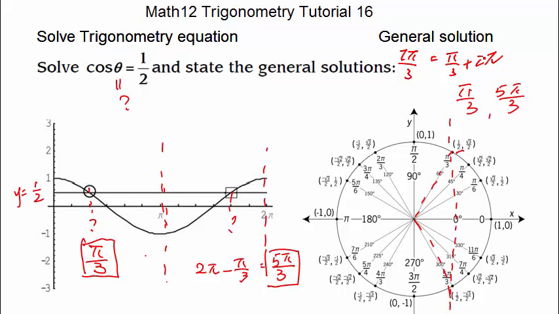Okay, so if you try, 11 pi over 3 is also a correct solution because 11 pi over 3 is 5 pi over 3 plus 2 pi. That means every 2 pi we're going to repeat ourselves. So we just add 2 pi and we're done. We got another two solutions.